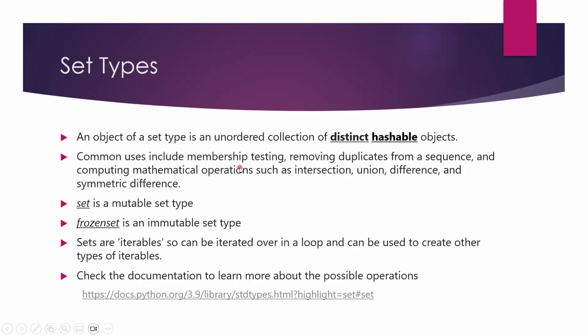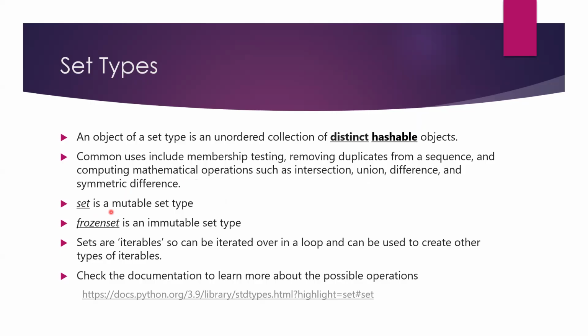Common uses are membership testing, in order to figure out whether a particular element belongs to a set, removing duplicates, and mathematical operations like intersections, unions, and differences. And here's the thing: the set itself is mutable, so every element inside the set has to be immutable.